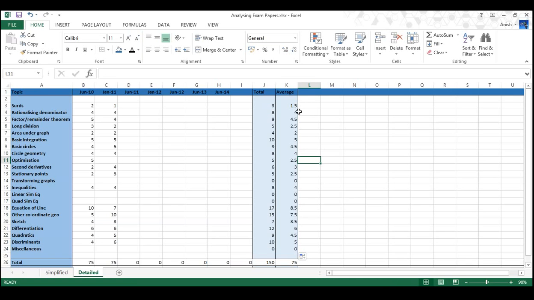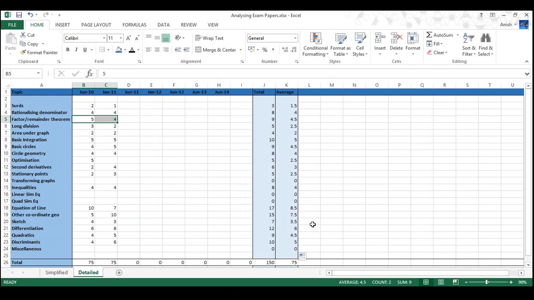Alright, so on average we can expect 1 to 2 marks on surds, 4 marks on rationalizing the denominator, so that's quite consistent, about 4 or 5 marks on factor theorem, long division you're looking at 2 to 3 marks, area under the graph 2, basic integration 5, and you can follow it down.